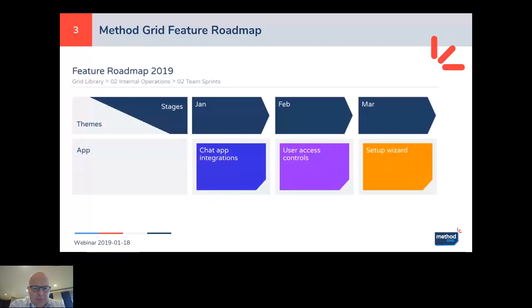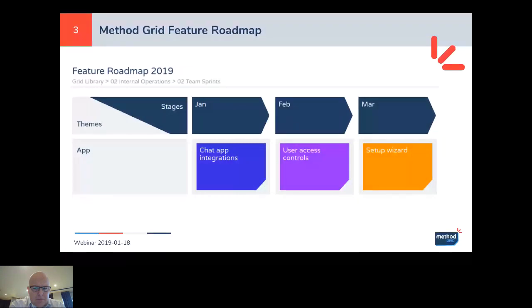So you'll be able to really share MethodGrid with your clients going forward. And then in March, we're going to introduce a setup wizard just to help people get started with MethodGrid, know how to add new users, know how to use the basic functionality. So if you've got any ideas or questions on that, do put them in the questions tab there.